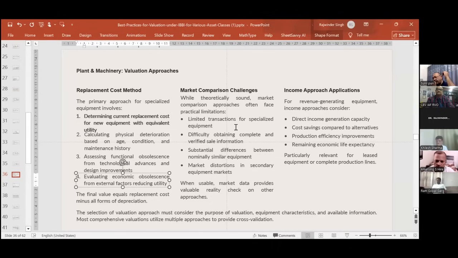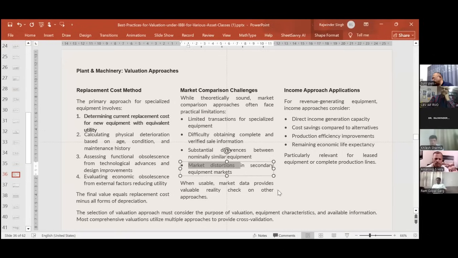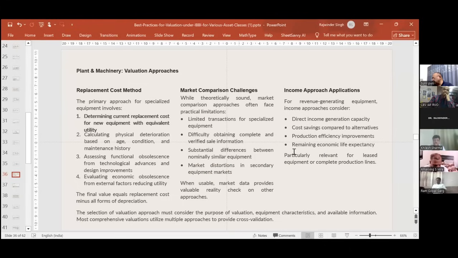There may be substantial difference between nominally similar equipment, and market distortion in secondary equipment markets. While usable, market data provides a valuable reliability check on other approaches.